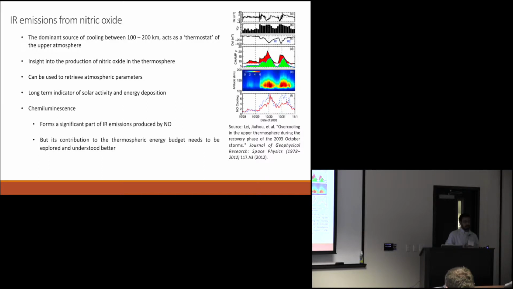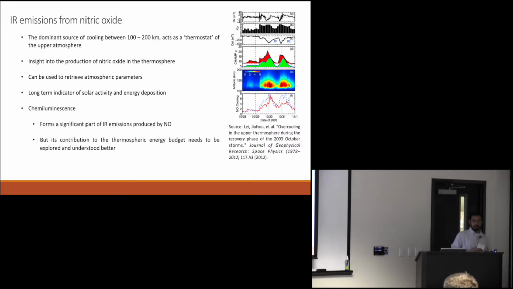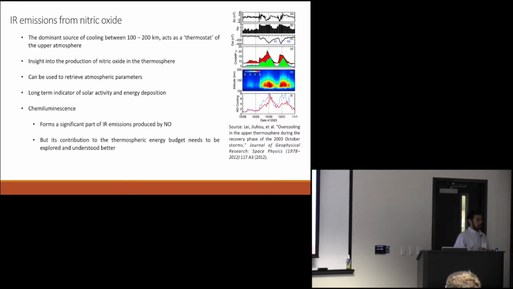It extracts the kinetic energy from atomic oxygen by collisions, which goes into vibrational energy in the NO molecule, which gets emitted in the optically thin region above 100 kilometers, 120. It emits at 5.3 microns, it's optically thin, and thermal energy gets radiated away.